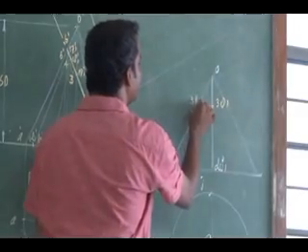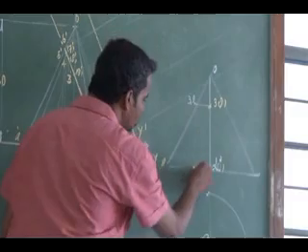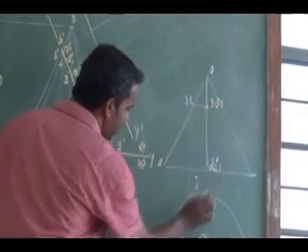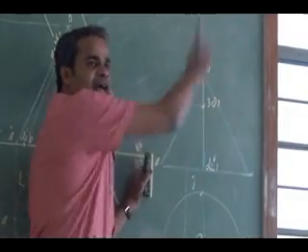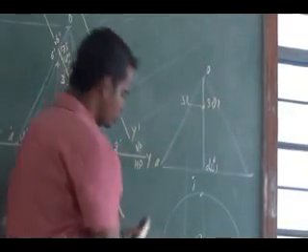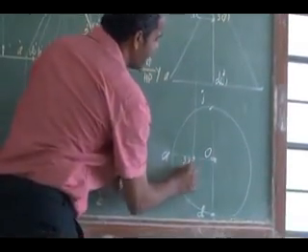This is my 3 and 9. So you project this to the corresponding view. Now 3 and 9 are on which generator? AO. So here I have AO, and at this location I can mark 3 and 9.